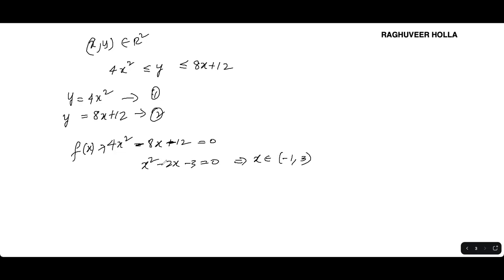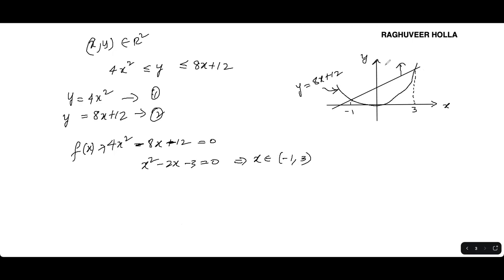Let us have a look at the figure. So we got this curve, which is y is equal to 4x square, I guess, and this is the equation of the straight line, y is equal to 8x plus 12.